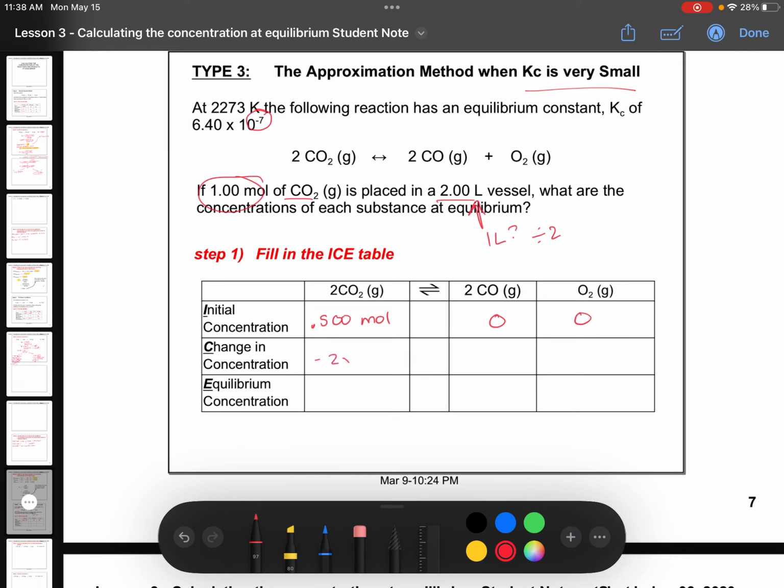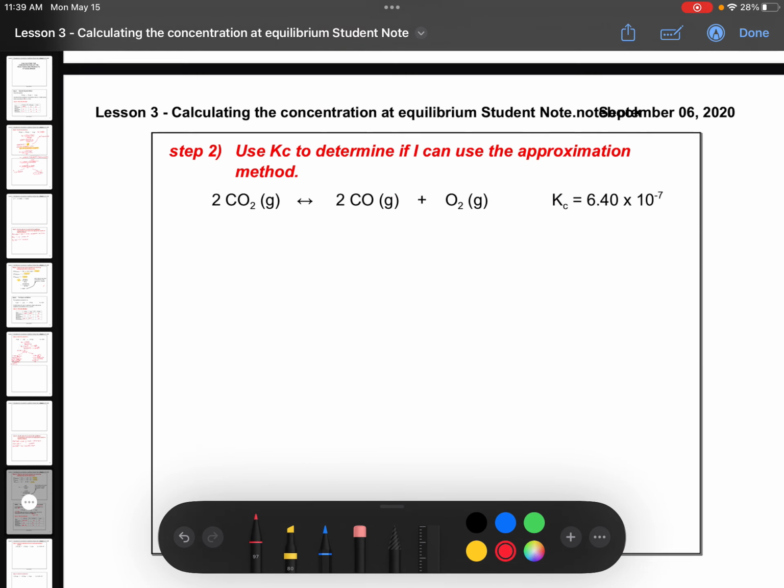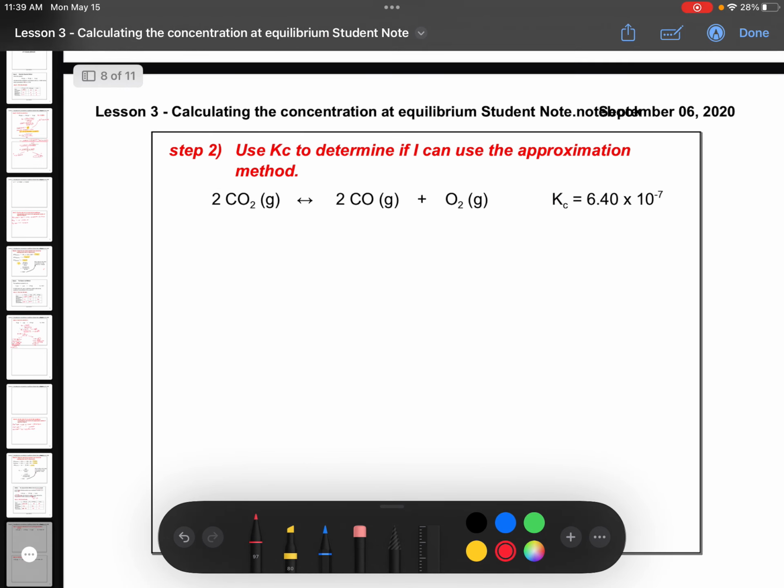So 1 mole is going to give us 0.500 moles. Going to give us 0 and 0. Our change is -2x, 2x, and then x, which is going to be 0.500 minus 2x, 2x, and x.